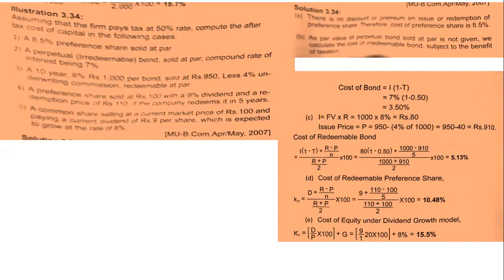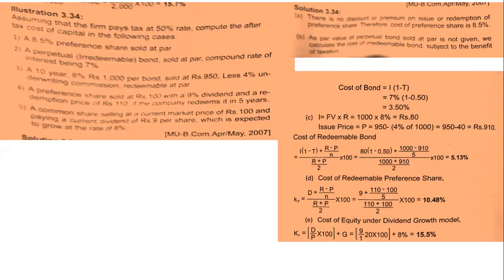There are no changes because they have not given the face value or any other particulars related to the issue of preference shares. So we must consider the cost of preference share as 8.5%.